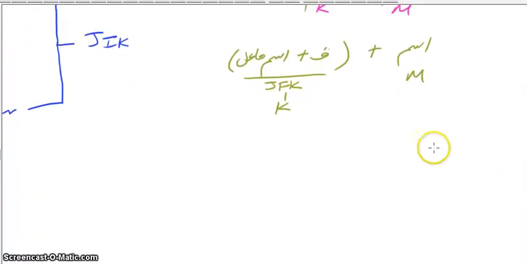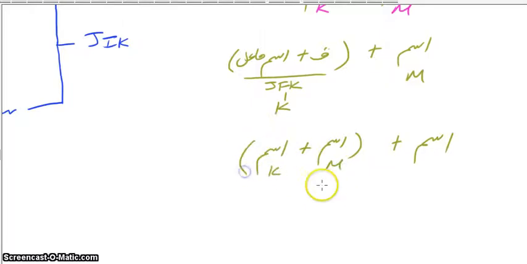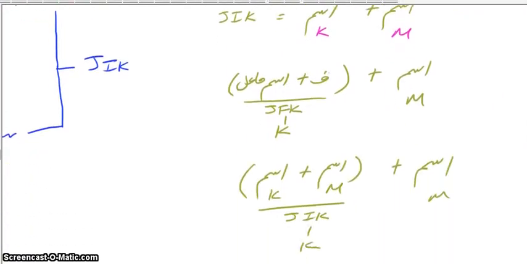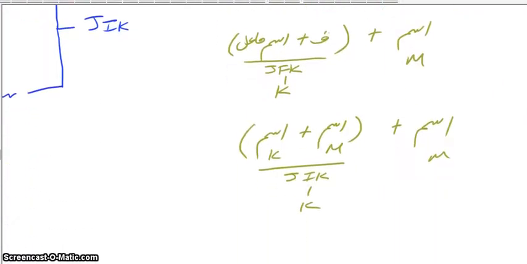A sentence can also be made of an ism and then an ism and an ism. So that's a mubtada and that's a khabar. That combines to become a jumla ismiya khabariya and becomes the khabar of this mubtada. Does that make sense?